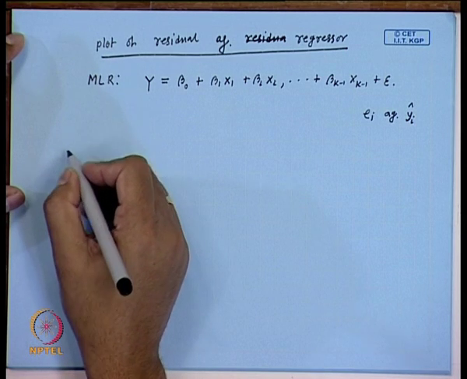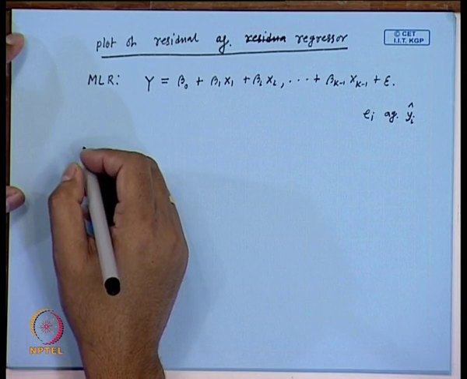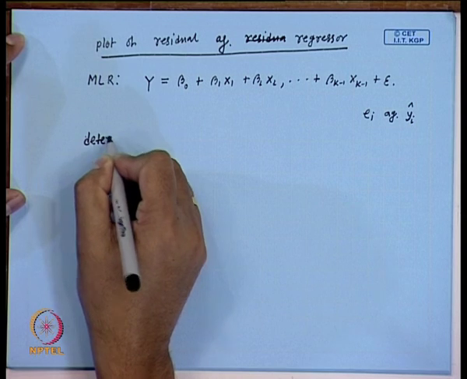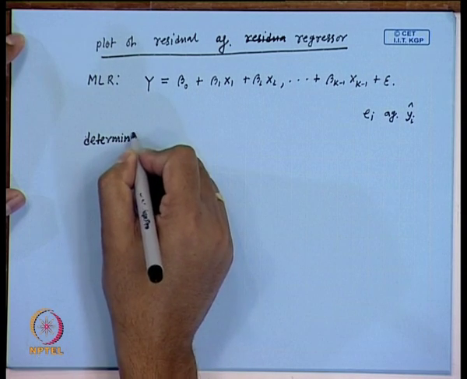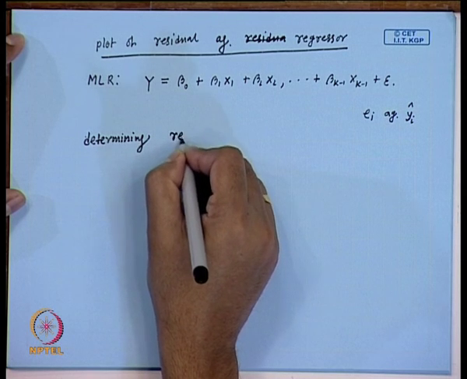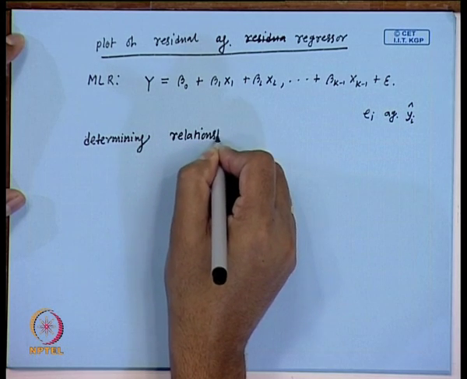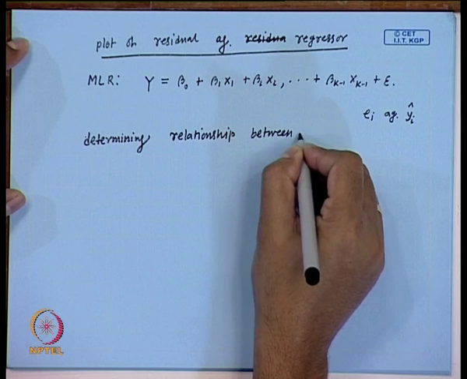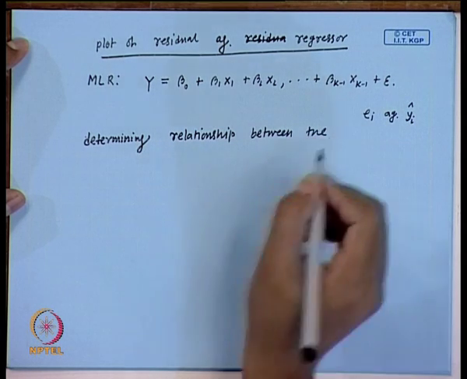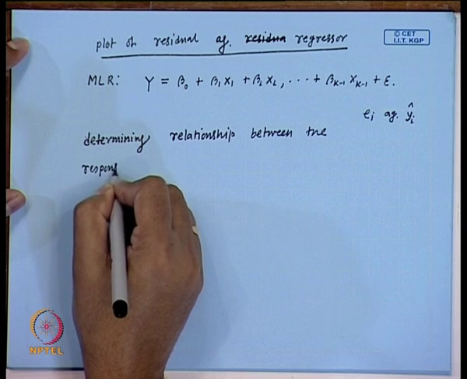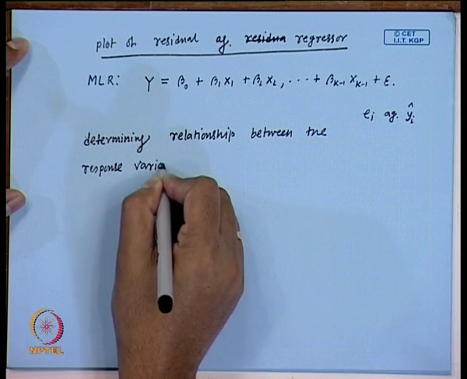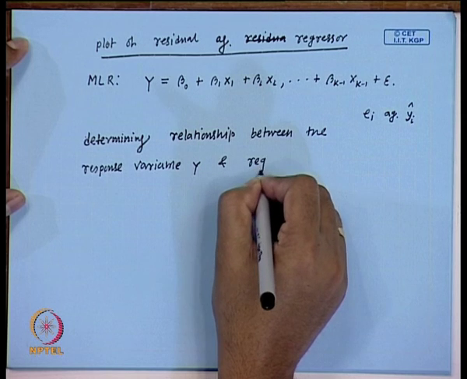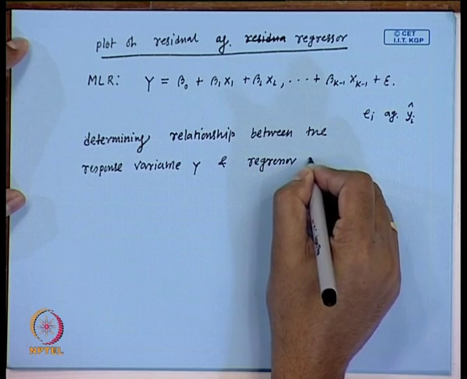This particular plot of residual against regressor is important in determining the relationship between the response variable y and regressor xj.